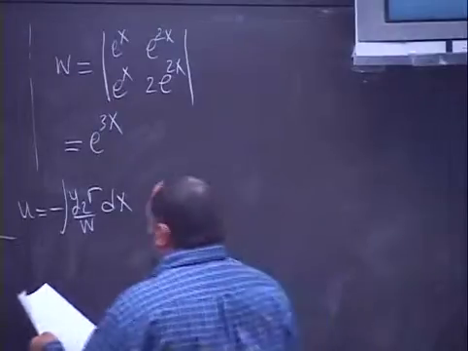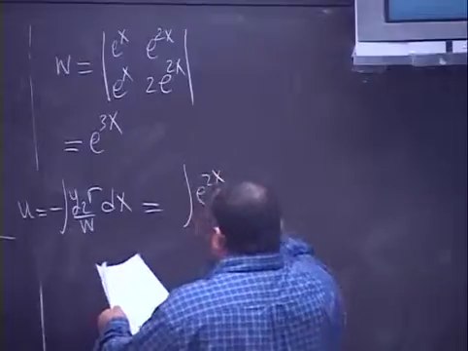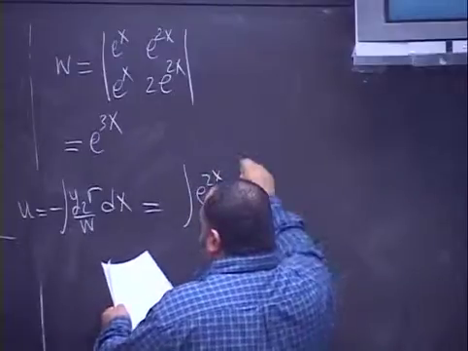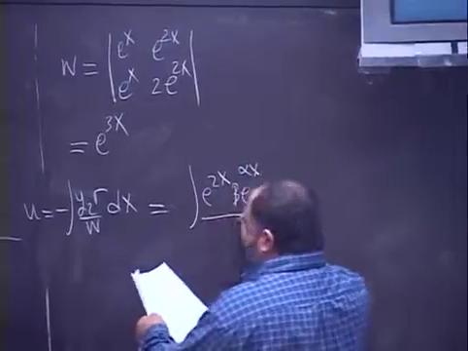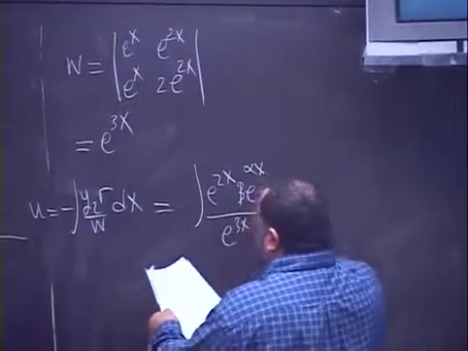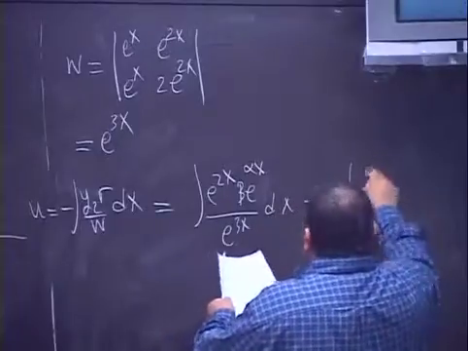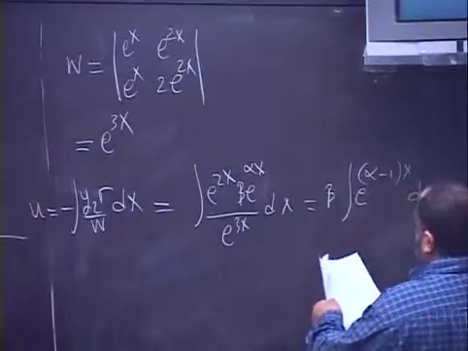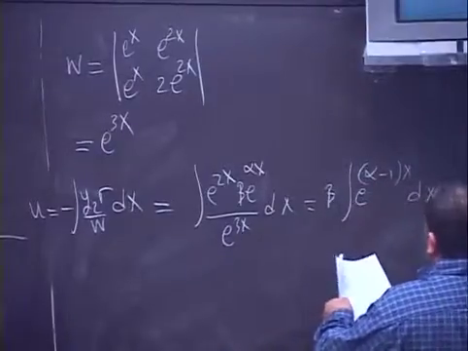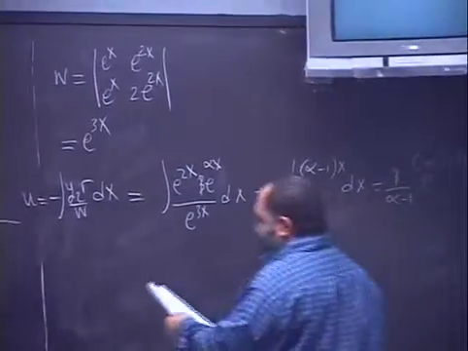And this will give you e to the power of 2x multiplied by beta e to the power of alpha x, which is the r function, divided by e to the power of 3x dx, and this will give you beta e to the power of alpha minus 1 x dx, and this will give you beta over alpha minus 1 e to the power of alpha minus 1 x.